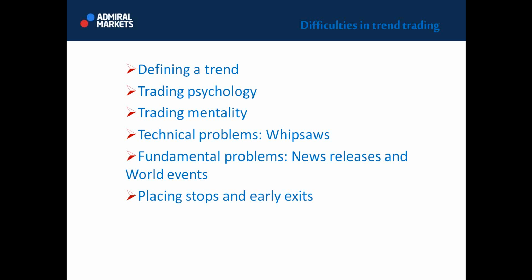Aussie jumped because it was already in an uptrend, and you see how much it jumped, 200 and more pips. But the biggest problem is the whipsaws that we had for the last 2 weeks.